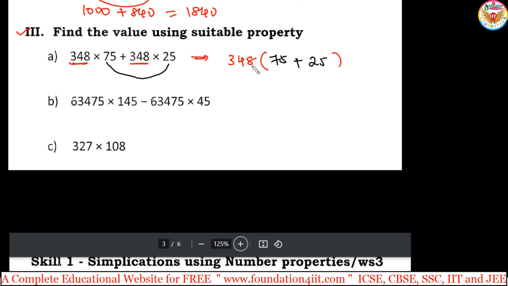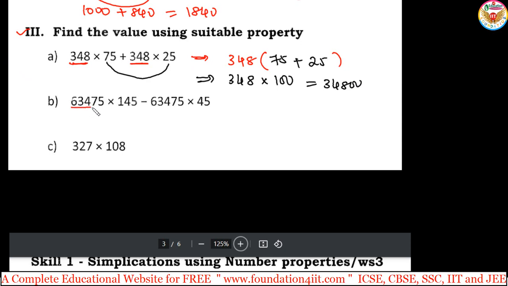So by the distributive property, 348 into 75 plus 348 into 25 is given. Now 348 into 75 plus 25, which is 100. These two together, so 34800 is the answer. Right? Whichever is the common one, you can take it.